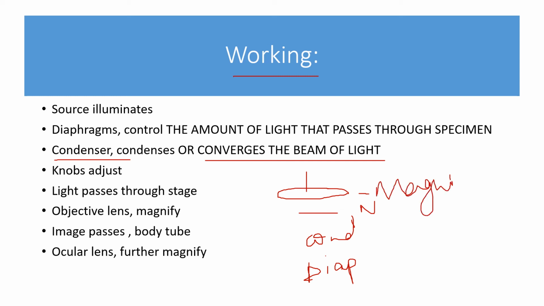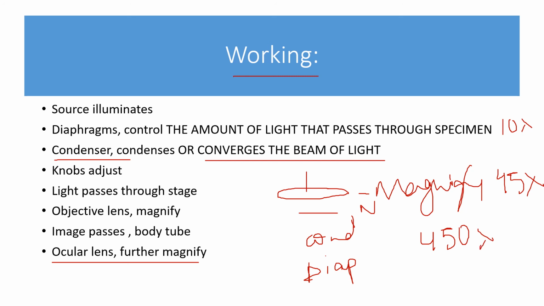That is the main function of objective lenses, that they magnify, and then the image passes through the body tube that I showed you as an arm, and then we finally have the ocular lenses which further magnify, because the objective lens could have a magnification of 45x, and the ocular lenses have a magnification of 10x. So the final magnification we get is 450x.